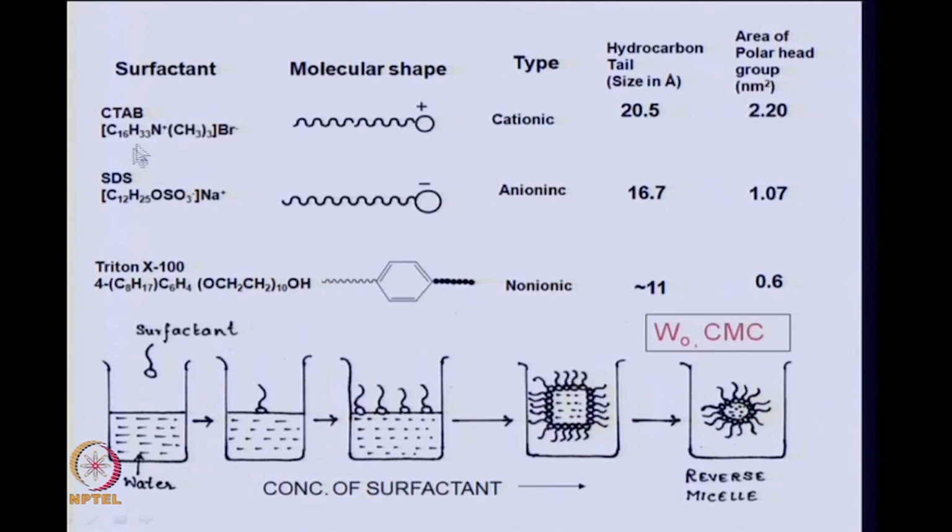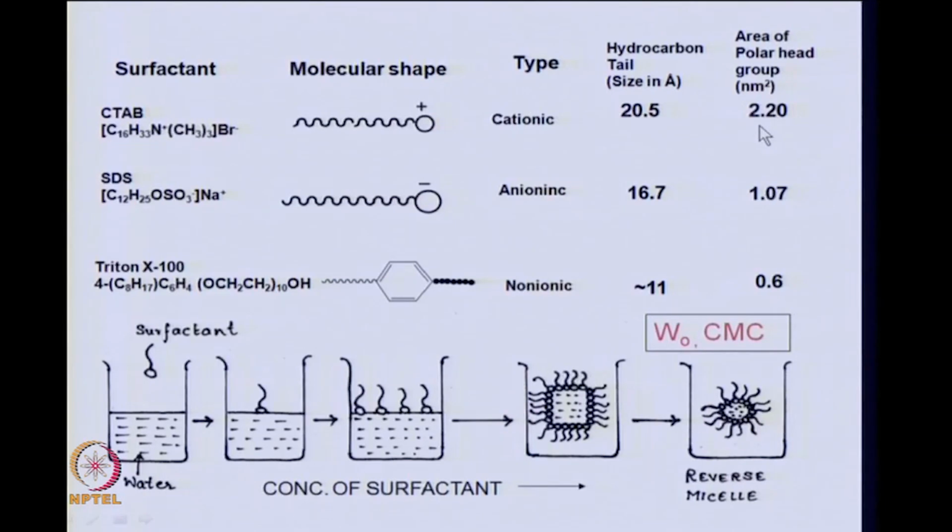If you vary the dimensions, you see here the length of the tail is 20.5 angstrom, whereas in this case with the 12 carbon chain the length is smaller. Obviously, this is 12 carbons and this is a 16 carbon chain, so the length will be smaller. In this case it is 16.7, and in Triton X 100 it is 11 angstrom. So, you can vary the length.